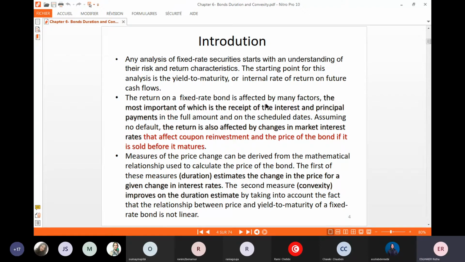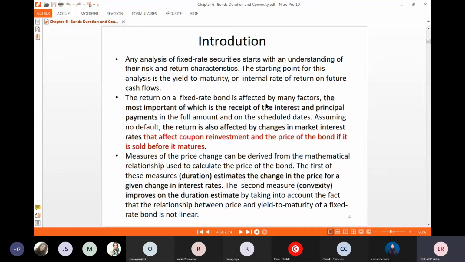So any change in market interest rate will affect the reinvestment rate at which an investor could reinvest any coupon received from the bond.